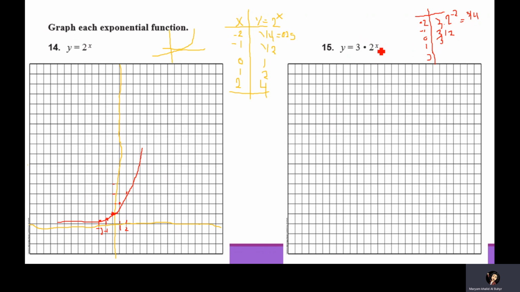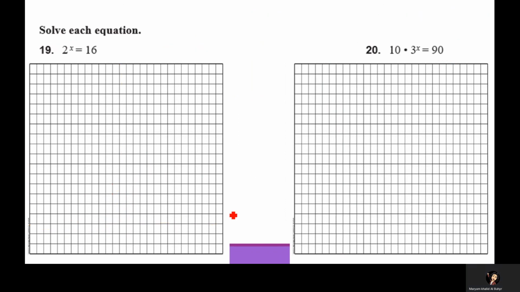Once you substitute by 1, 2 times 3, it will be 6. Then finally, 2 to the power 2 is 4, so 4 times 3, it's 12. So you will sketch these. I think I did something similar to this one. Once you sketch these, you will get something similar to this one. Just take them and sketch them, and that's it. Now here we need to solve. Here there are 2 ways.